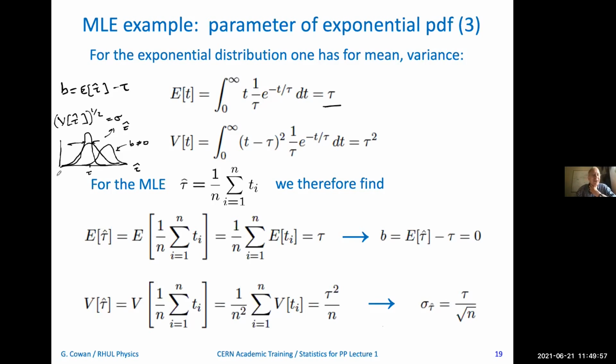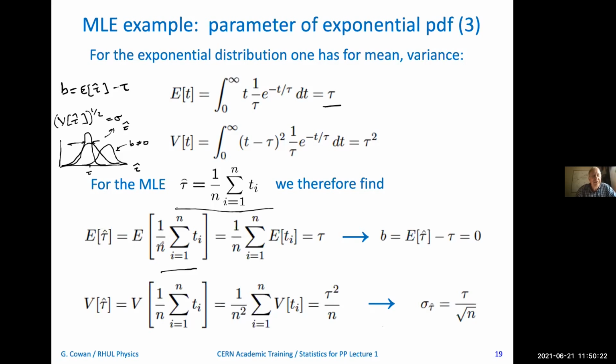But let's work out now these quantities, namely the bias and the variance of tau hat. All right, so here's the MLE. In this case, it turned out to be the arithmetic average of the t sub i's. And so that means the expectation value of tau hat, let me just substitute that in to my expectation value operator.